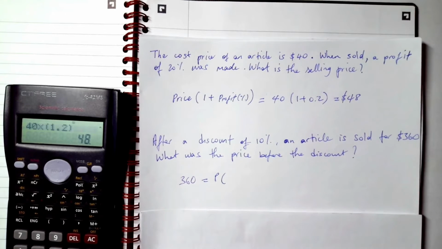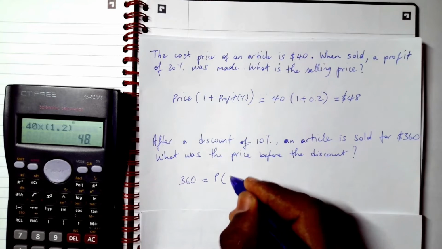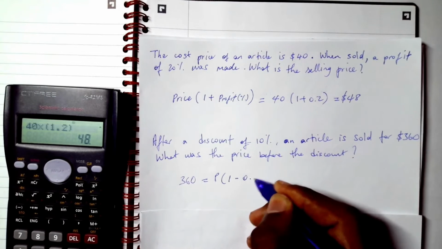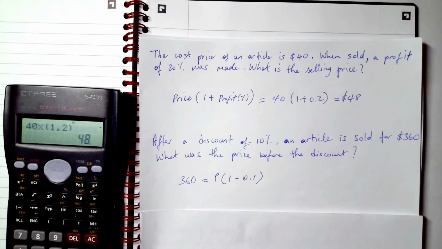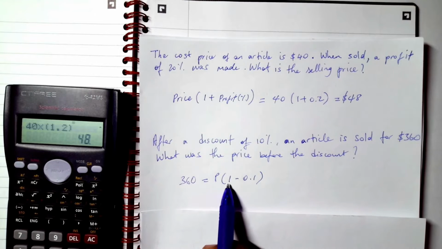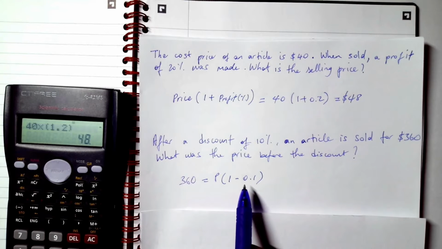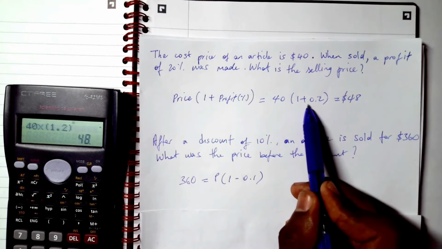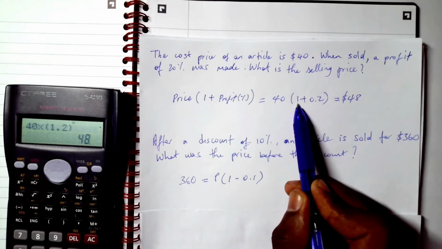We show this as 1 minus 0.1. So we represent a discount as such: we subtract the discount from 1. When we're representing a profit, we add the profit to 1.